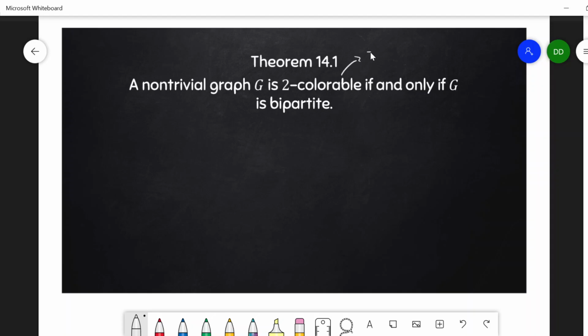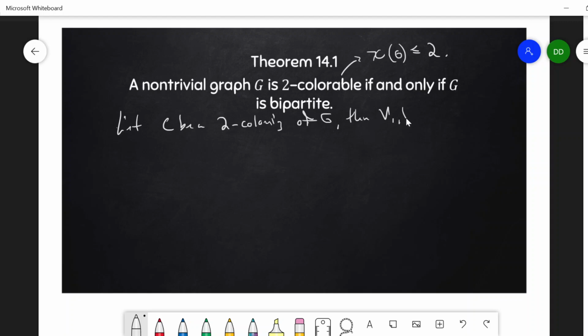This is the same thing as saying that the chromatic number of G is at most 2 if and only if G is bipartite. So the bipartite graphs are exactly the two-colorable ones. So why is this true? Let's say I have a 2-coloring of G.